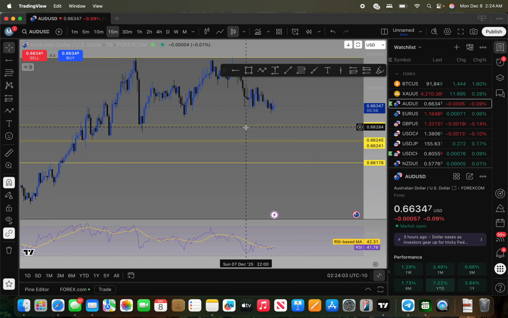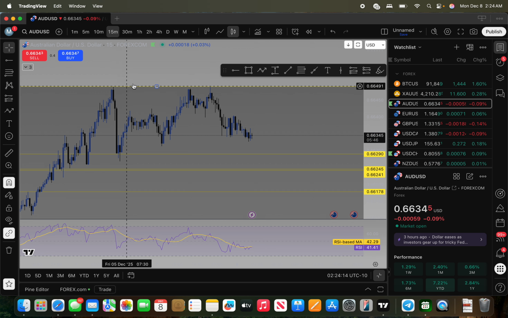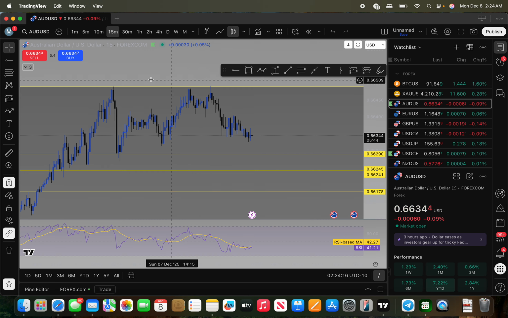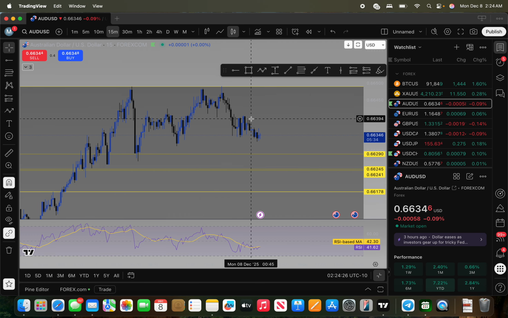Another setup is on AUD/USD, and it did not close above the draw on liquidity, meaning it's still creating more liquidity above here, so it's still valid.